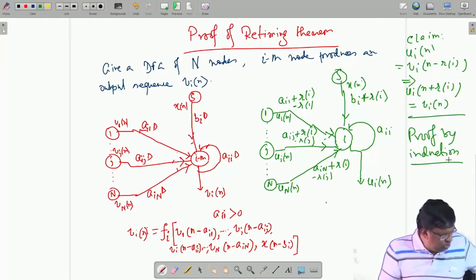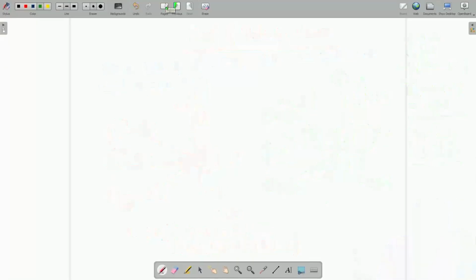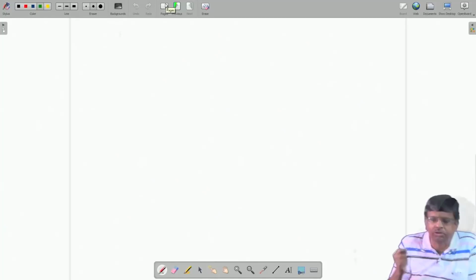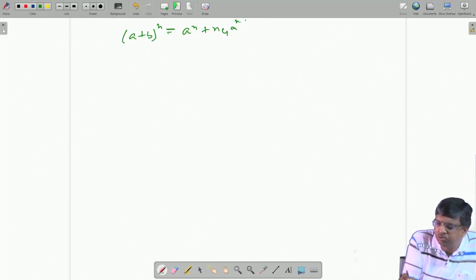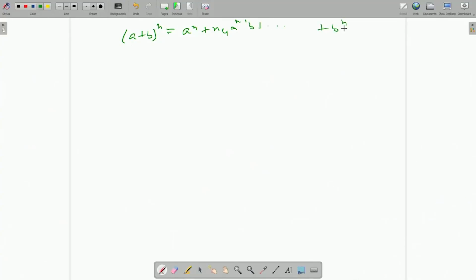Okay, what do we do in induction? We have always done induction in our school. Suppose you are proving something like the binomial theorem, a plus b whole to the power n, which is nC1 a to the power n minus 1 b and so on, finally b to the power n. There is a formula, the binomial theorem. We have proved it.